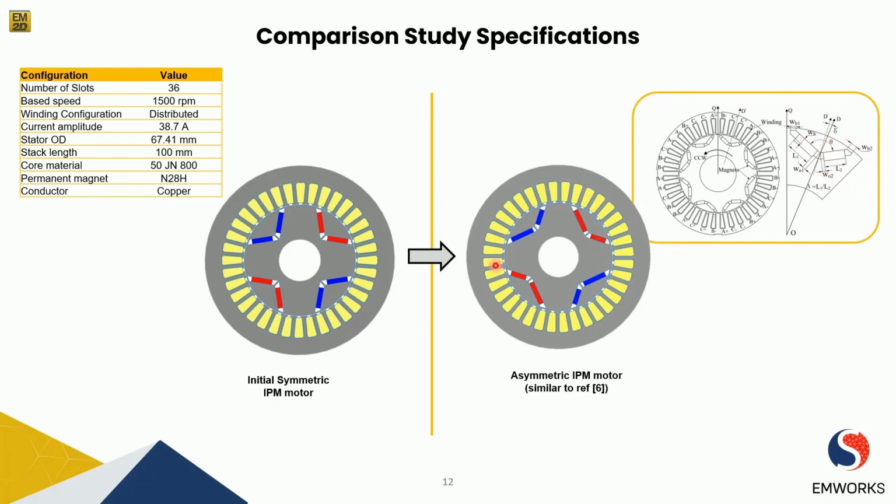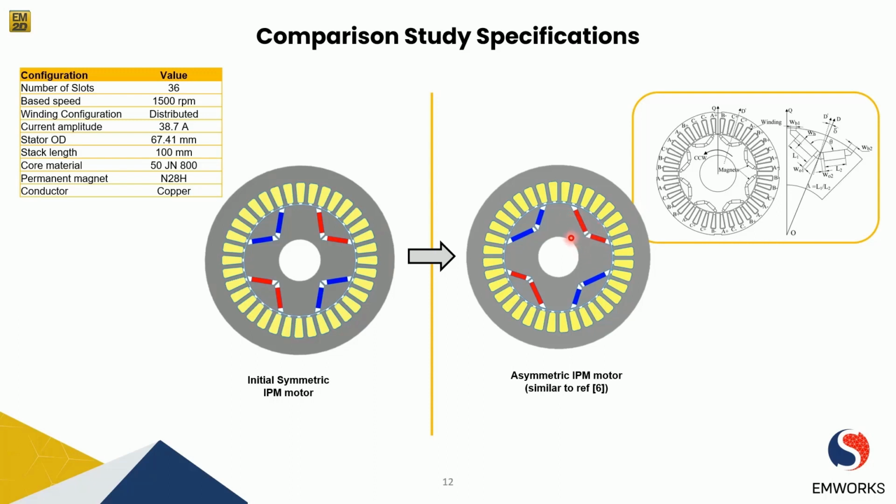And as you can see here, this machine that we have designed for the comparison study contains a permanent magnet 4-pole machine where the length of the magnets in the barriers is different from one another.